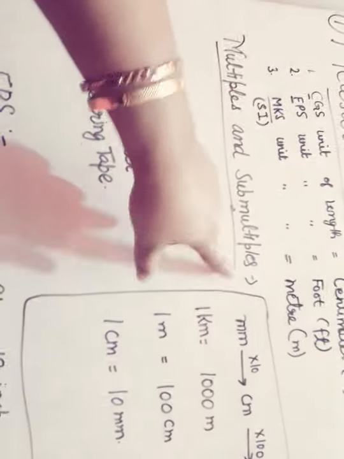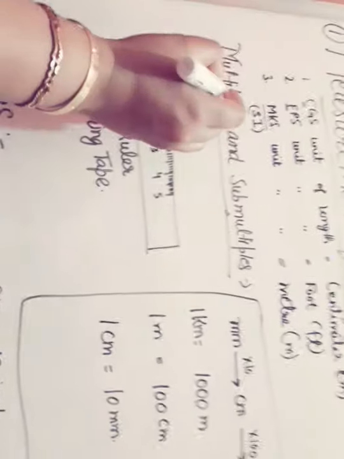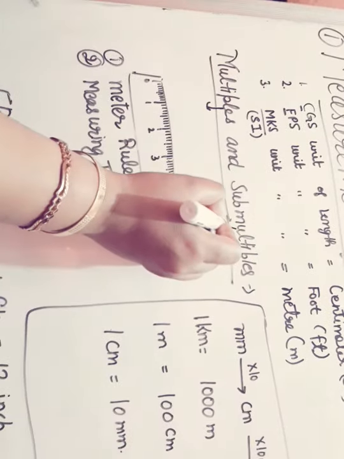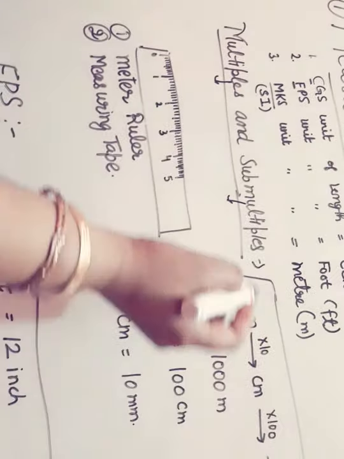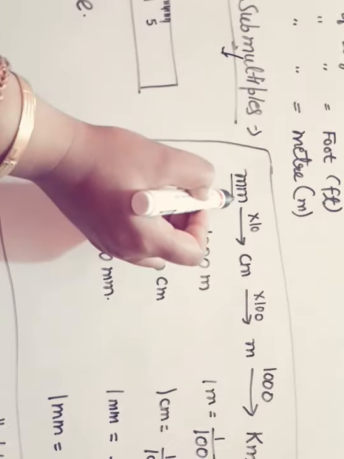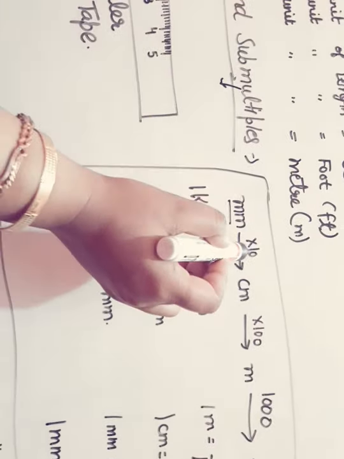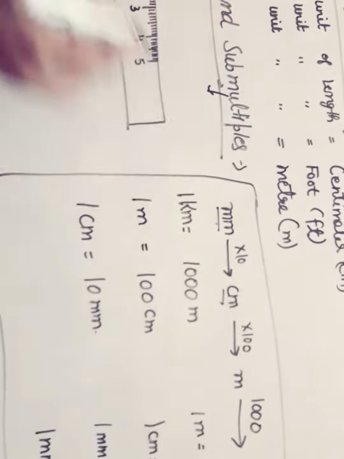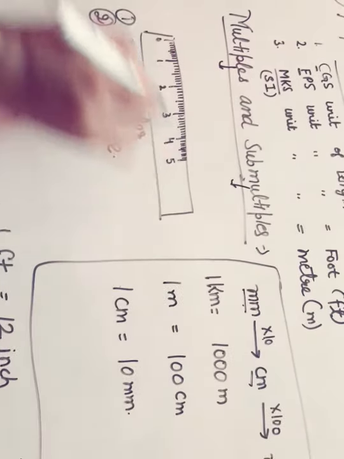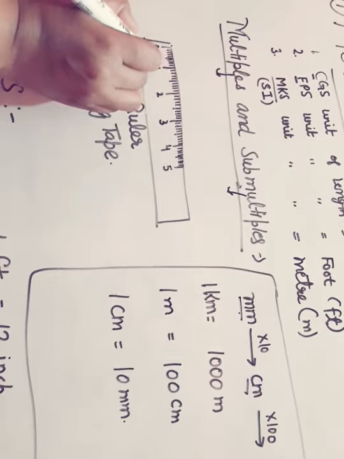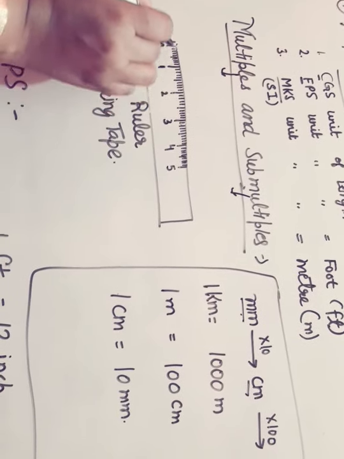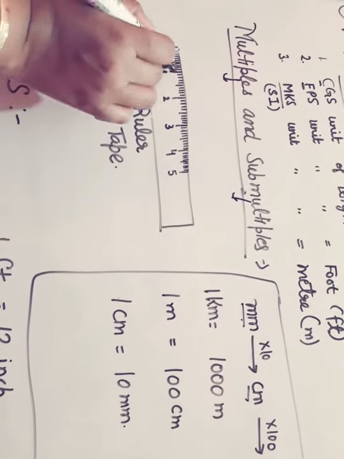Now what is the relation between these units? Multiples means bigger units and submultiples are smaller units. For length, the smallest unit is millimeter, and 10 millimeter makes 1 centimeter. See, this is the meter ruler, and 0 and 1 are written here, and in between there are 10 lines.